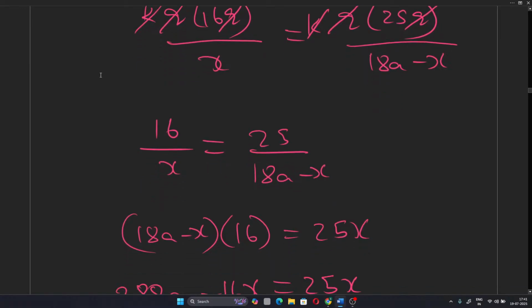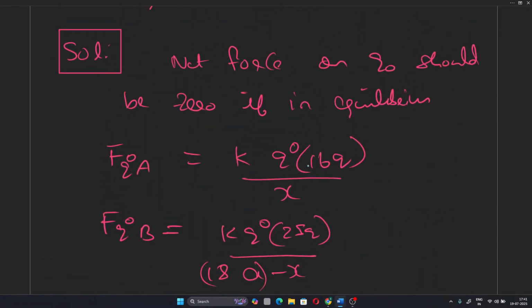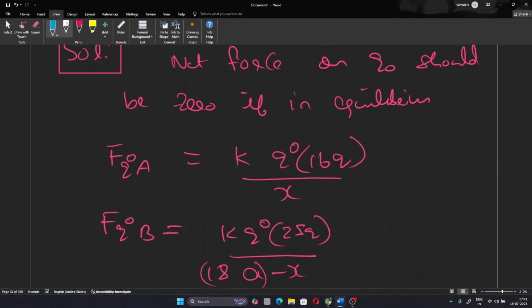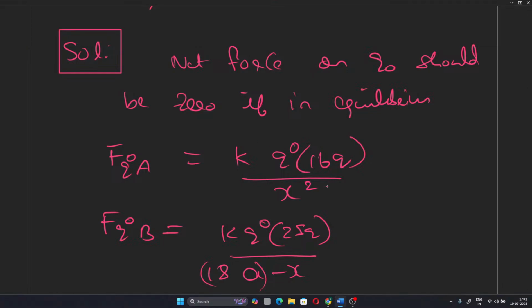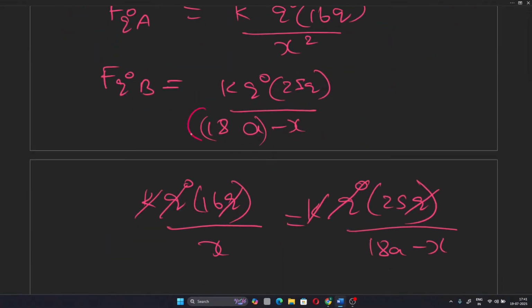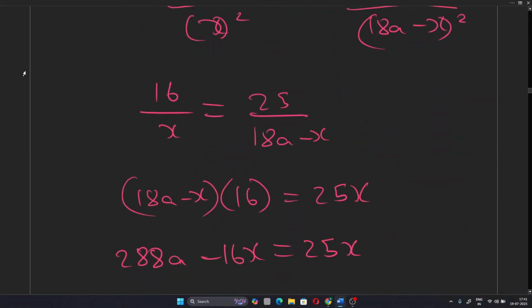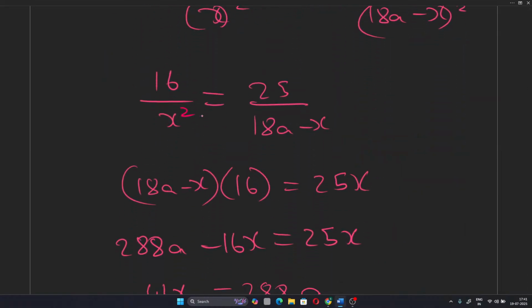Okay, we got a wrong answer because I forgot about squares here. There should be a square here, so there should also be a square here as well.